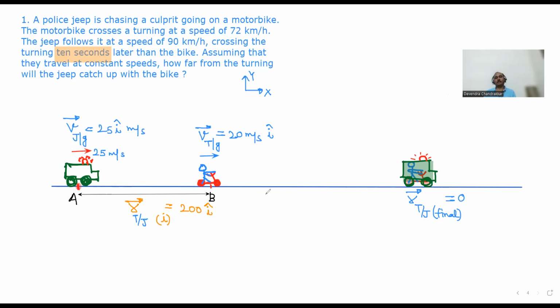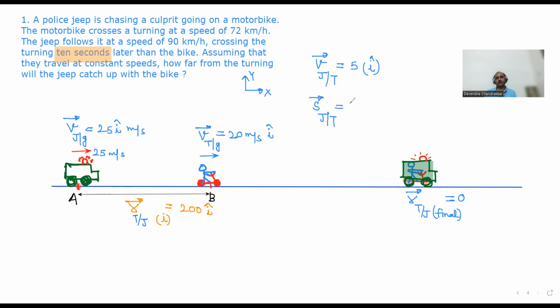Now what is the displacement? So we know VJG, VTG. So what is velocity of jeep with respect to thief? It is 5 i cap. What is displacement of jeep with respect to thief?